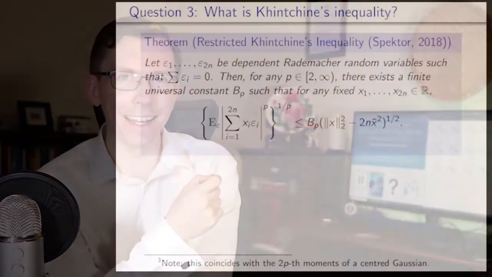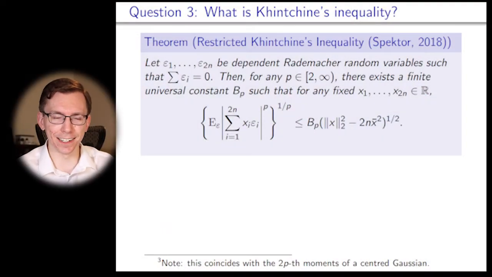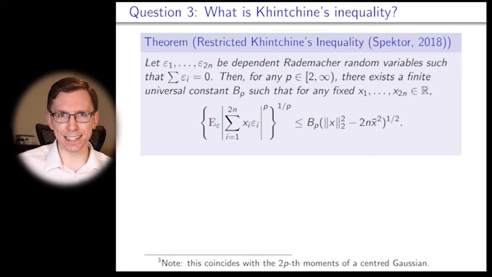Let's fast forward way ahead to 2018, where we have a nice paper written by one of my co-authors, Susanna Spector, and it's about a restricted Khintchine inequality. This is what I found really interesting when I sat in on a talk on this result. I said, okay, what's the restricted Khintchine inequality? Well, all we're doing is adding in some dependency condition.